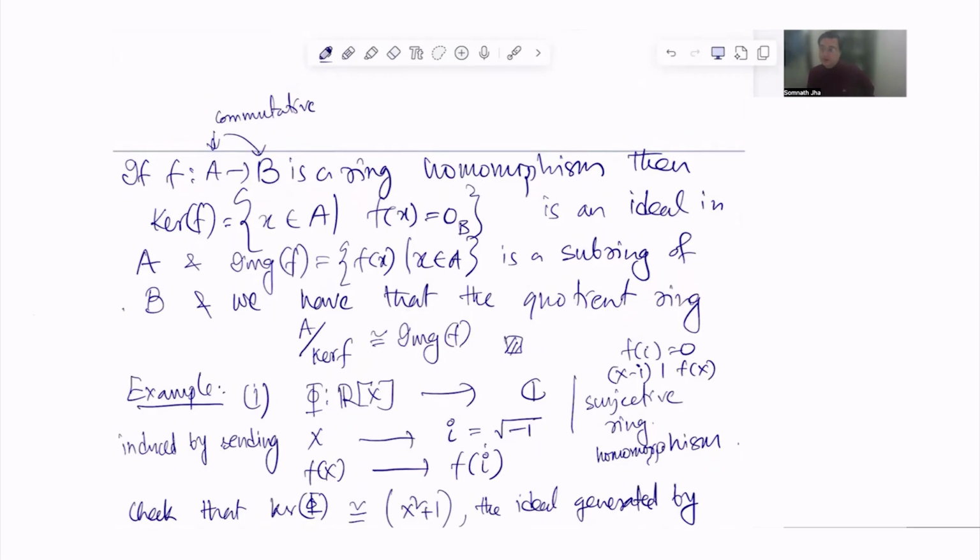So x minus i and x plus i both divide f(x).